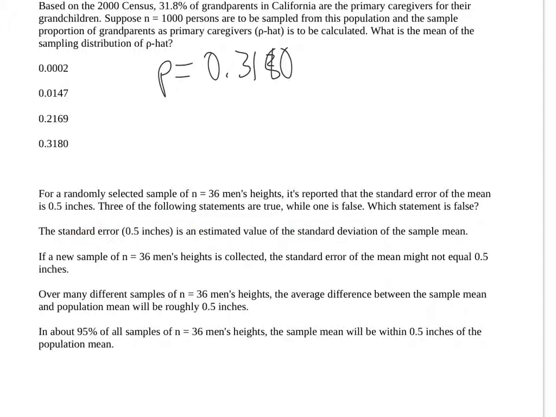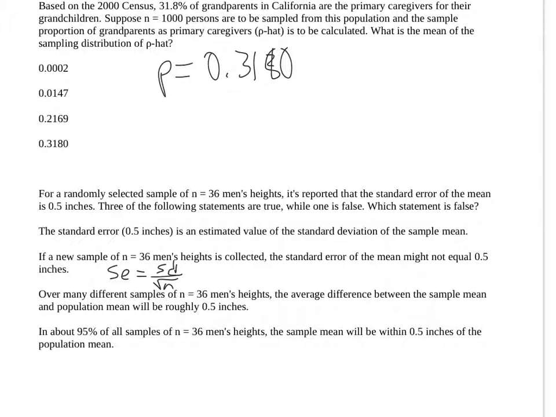If a new sample of n equals 36 men's heights is collected, the standard error of the mean might not equal 0.5 inches. Well, let's see if that's true. The standard error is given by the formula SE equals SD divided by the square root of n. Now, standard deviation is a statistic.